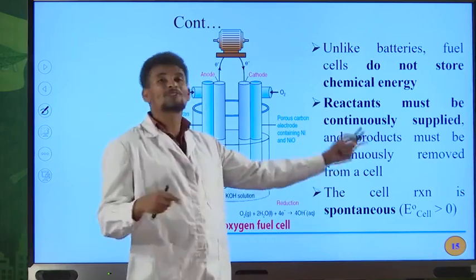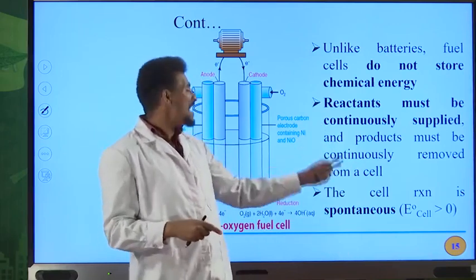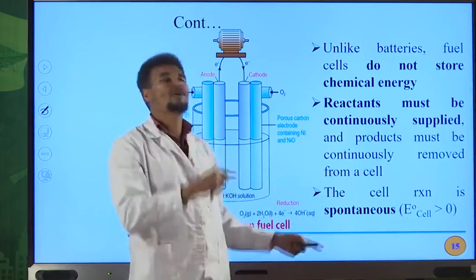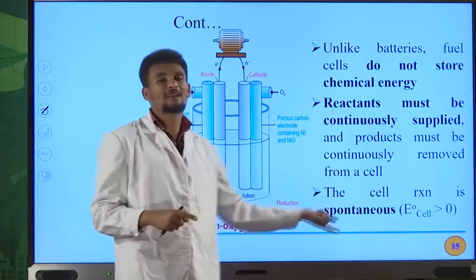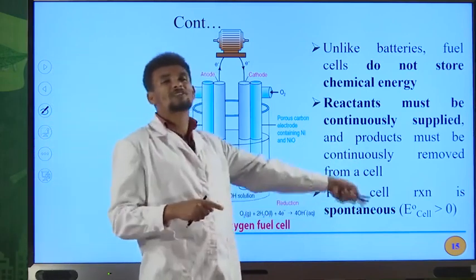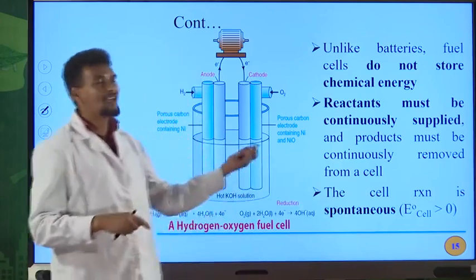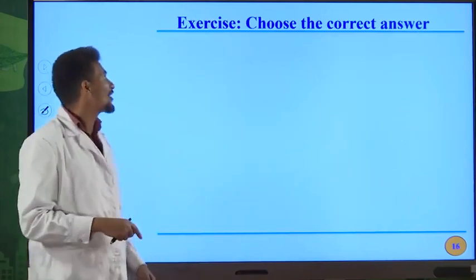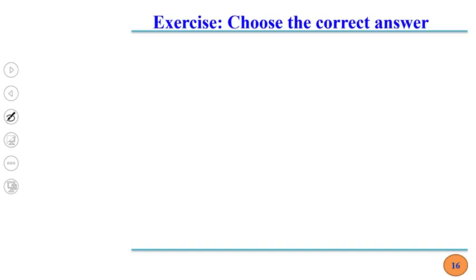Your E naught of the cell is greater than 0. If E naught of the cell is greater than 0, this implies that the chemical reaction is spontaneous. But if E naught of the cell is less than 0, that chemical reaction is non-spontaneous. So this is all about primary batteries, secondary batteries, and fuel cells.